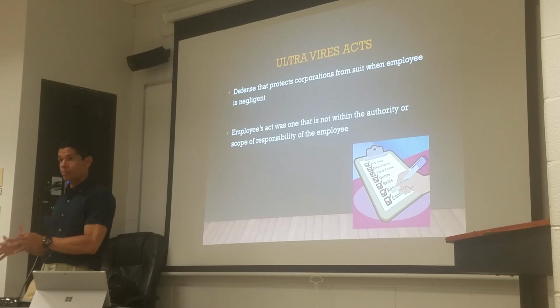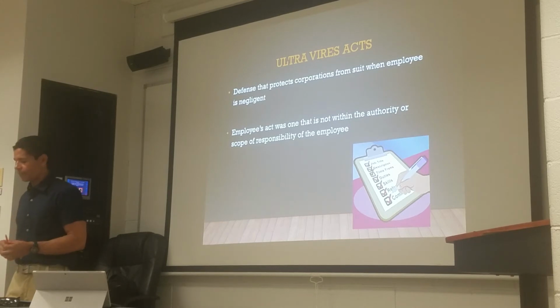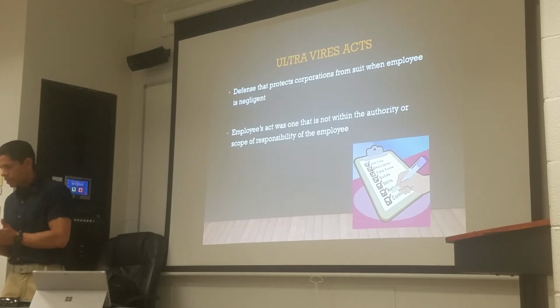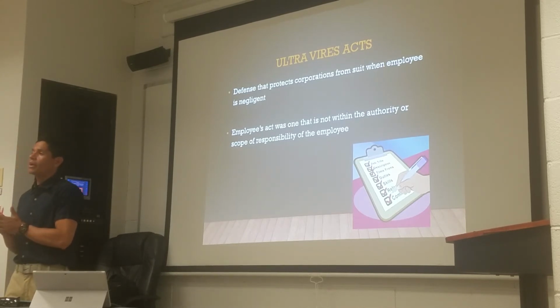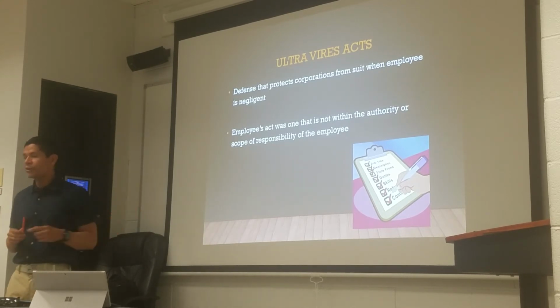This is also under common law. And this is kind of an immunity. It's a defense that protects a corporation from suit when an employee is negligent. Like, in my example of the coach getting drunk after hours, they could use this Ultra Vires Act, right? Because they were not functioning within the scope of their duties.